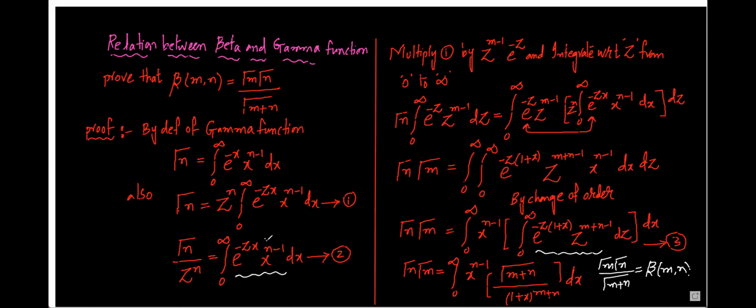Whatever the value available here, if here it is n, then the numerator will have n; if here it is m, then you will get m. But in our equation number 3, we have m plus n, so gamma of m plus n is the numerator. Now let us talk about the denominator. Here in the denominator, the coefficient of x is coming into the denominator.